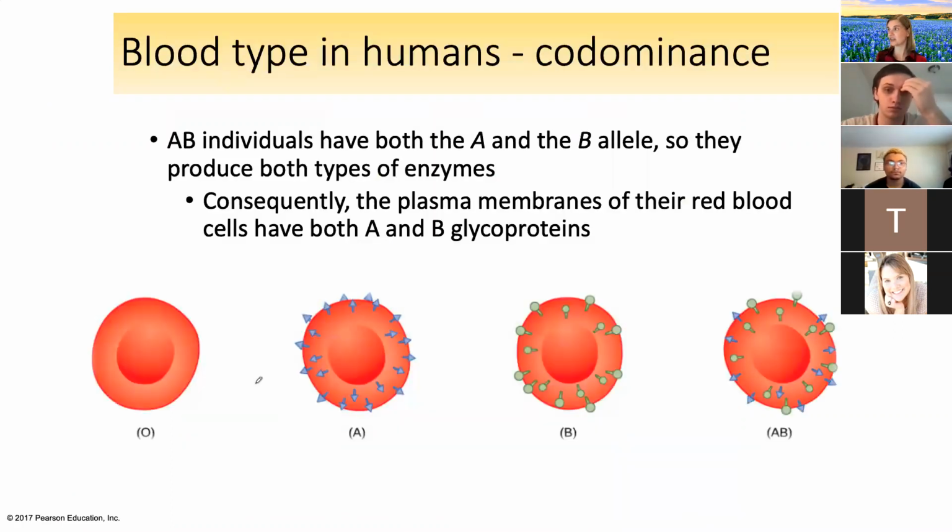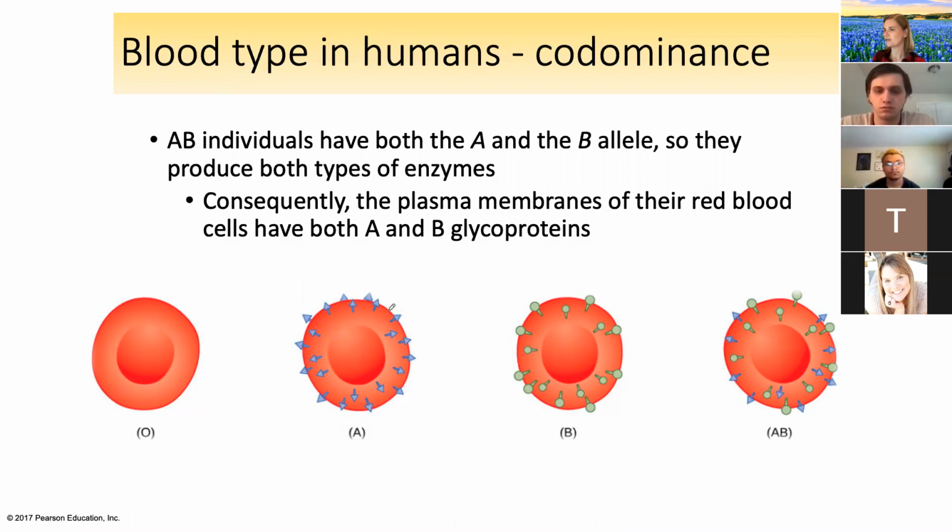So here's just another example of how we could represent in a picture what our blood types look like. The A and B alleles are producing an enzyme that helps to make that particular polysaccharide on that glycoprotein.